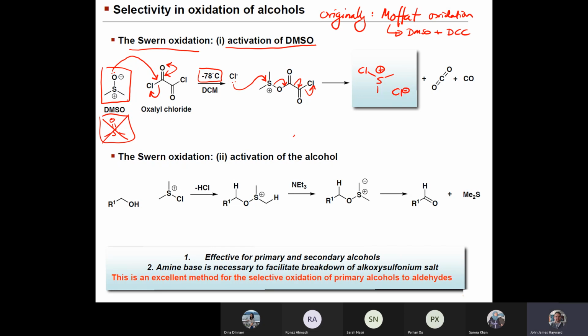And that is a dimethyl chlorosulfonium ion. So the chlorosulfonium cation is the real oxidant.